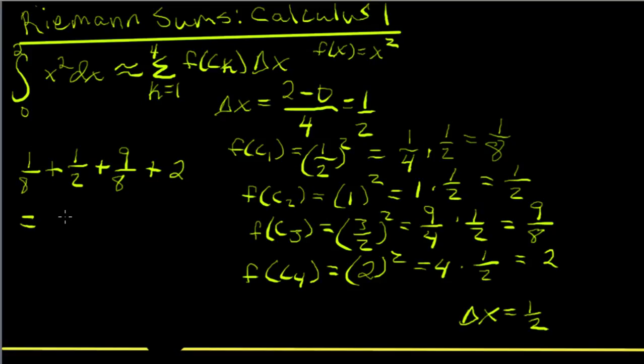And if we put it in the calculator, 1/8 plus 1/2 plus 9/8 plus 2, this will give us 15/4, which is 3.75. And this is just an estimation using 4 rectangles.